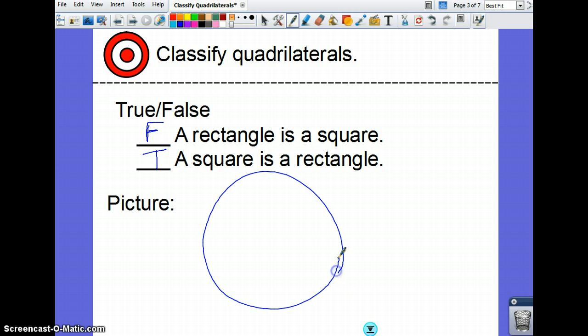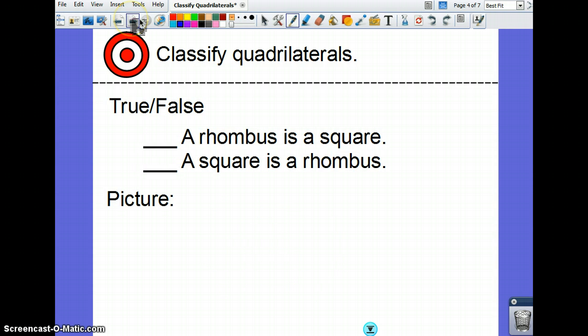I'm going to draw this bigger circle and a circle inside of it. I call this bigger circle rectangles, and the smaller one in here, the squares. The way to read this: all squares are going to be rectangles, but not all rectangles are necessarily squares. All the squares are included in the rectangles, but not necessarily the other way around.